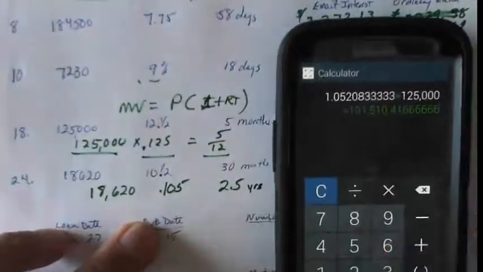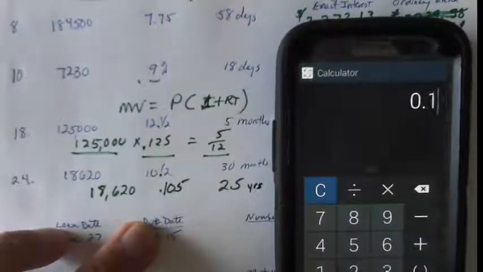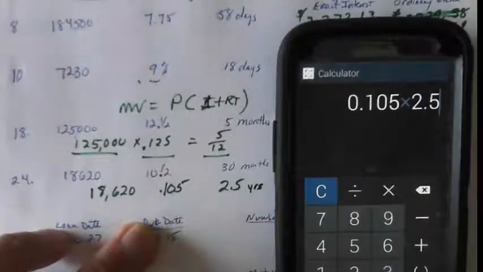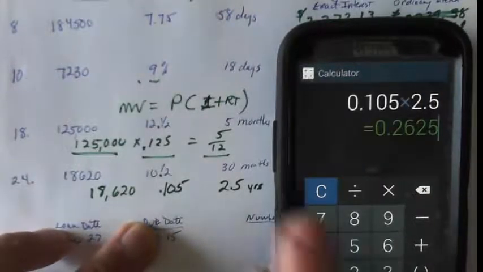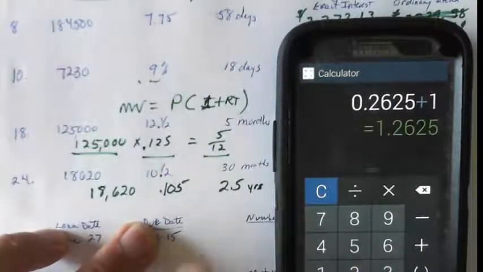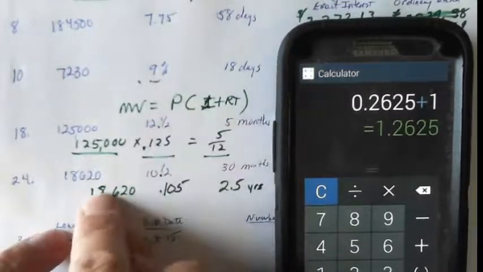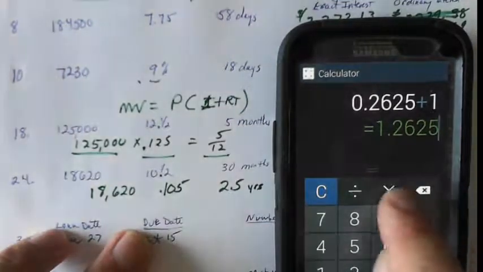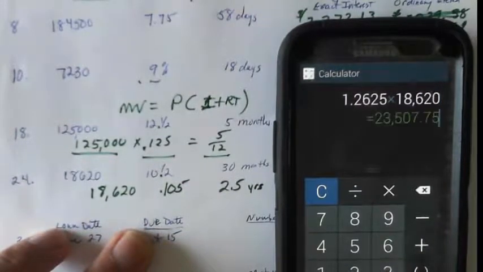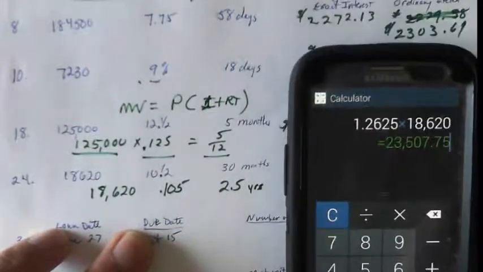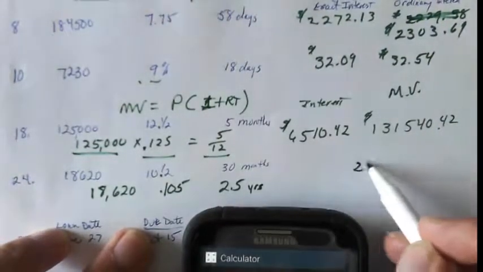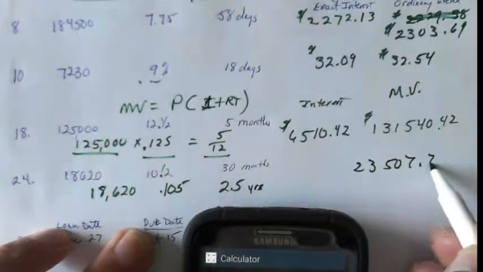I'm going to get my calculator back up here. 0.105 times 2.5 equals, okay, now plus the 1. All right, so we've done our formula. Now we're going to times it by the principal. So times, 23,507.75.